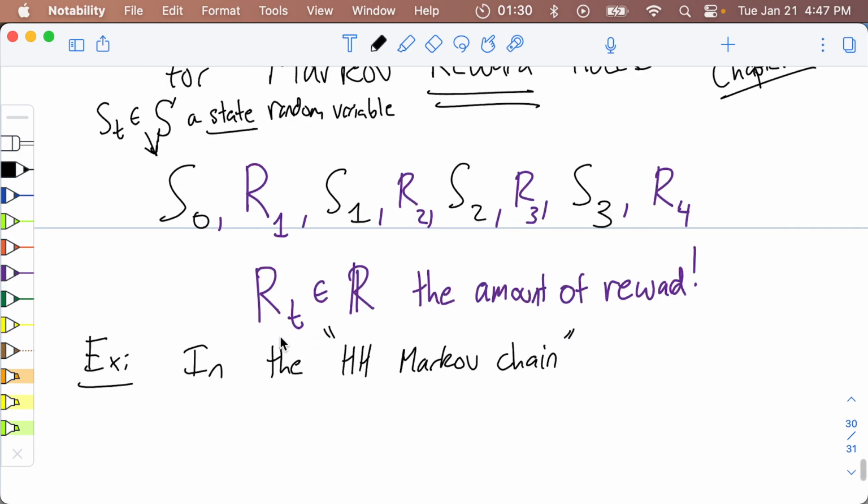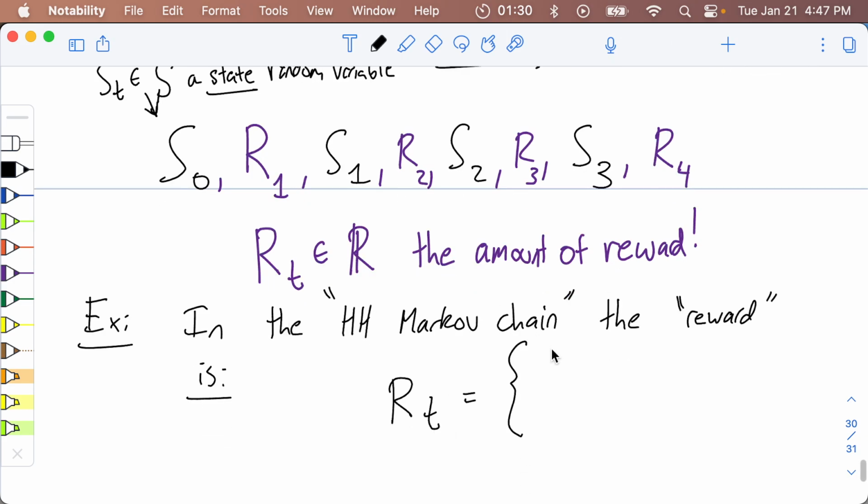The reward, I'm going to put reward in quotes because it doesn't really have an interpretation of reward. It's just some real number. It's RT, and it's equal to either 1 or 0.